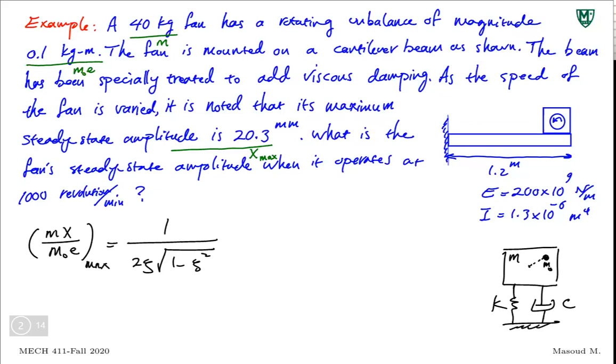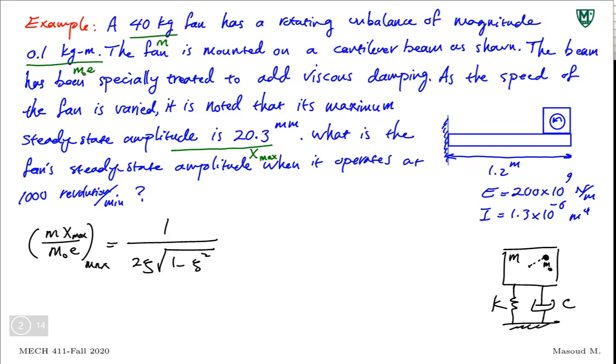Now, X is max. We are given that X max, the value of the maximum X, is 20.3 millimeters. We know M, and we know M naught E. So the only unknown here, because specifically we said this is the maximum steady state amplitude, so this is X max there.